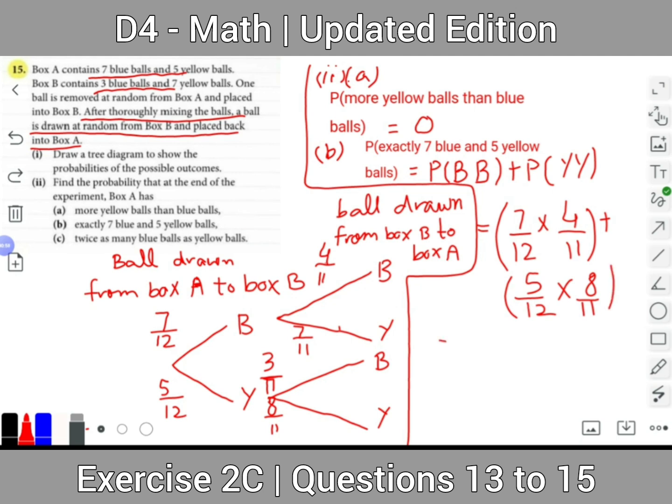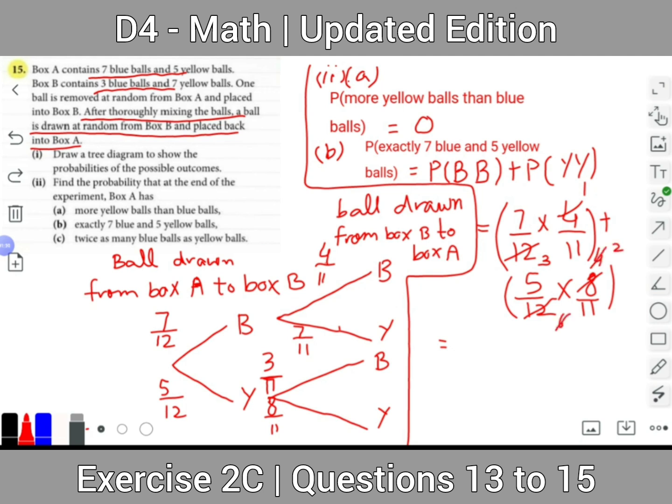So now we will simplify the terms. 4 threes are 12, and here we have 2 fours are 8 and 2 sixes are 12, and further we can simplify it.